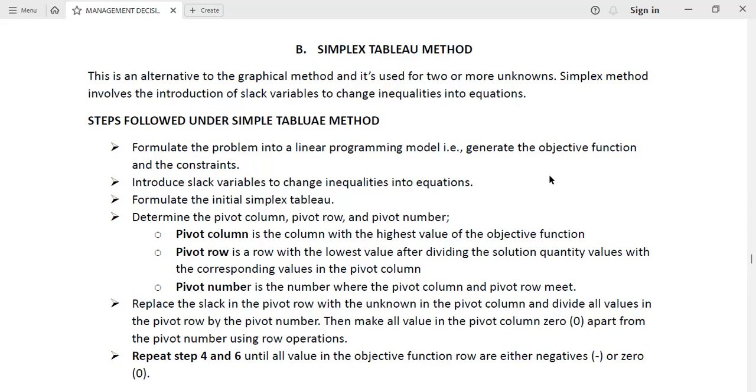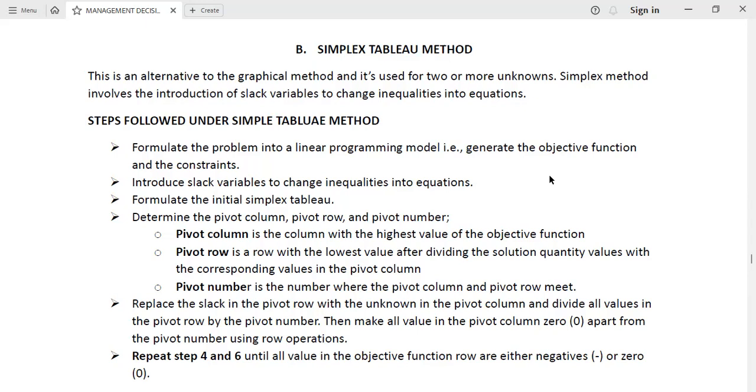So the second step is introducing the slack variables. The reason we are introducing these slack variables is to change the inequalities into equations. That's what we talked about.